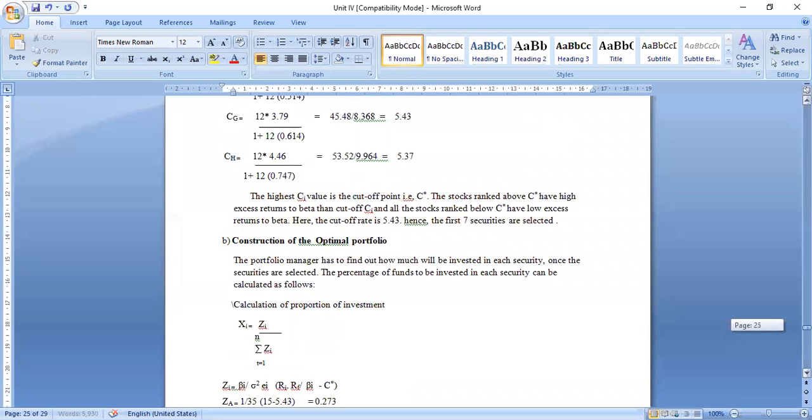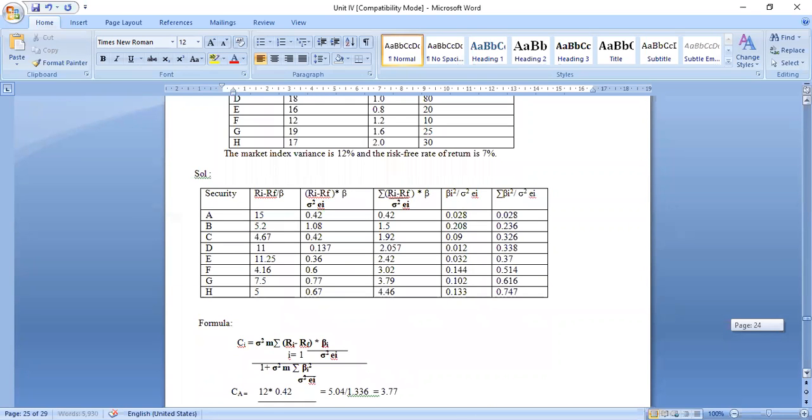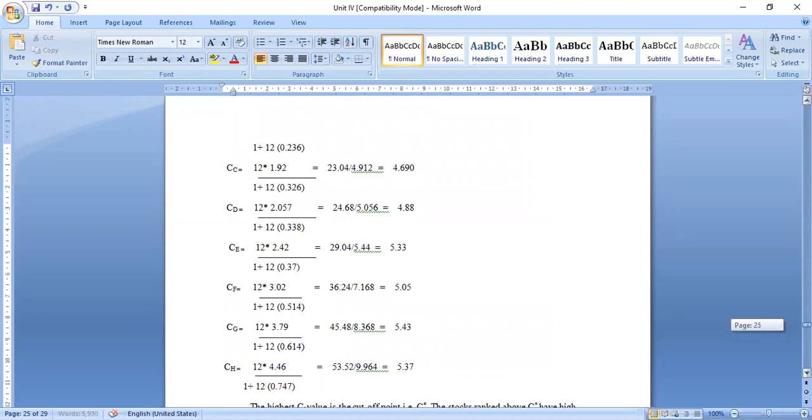Next, for security G, 3.79, and then 0.616. Okay. So 12 into 0.616 plus 1 is 8.392. So 45.48 divided by 8.392, 5.42 you can take.